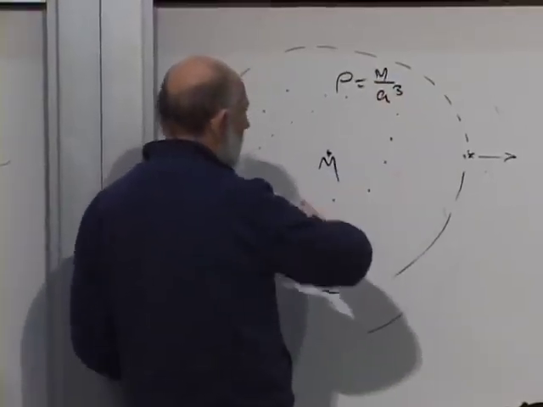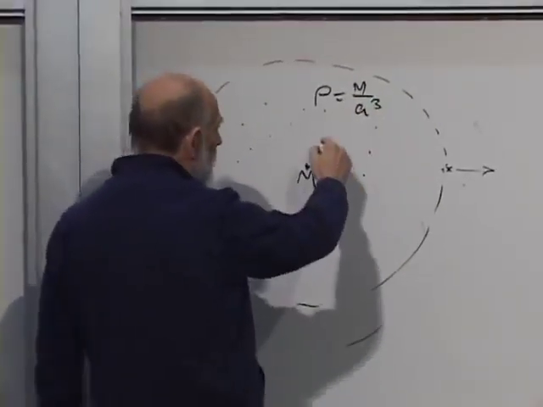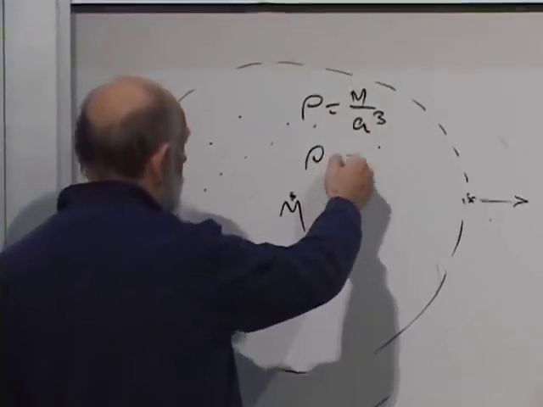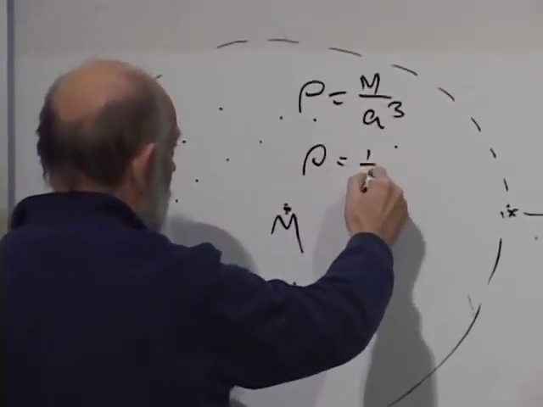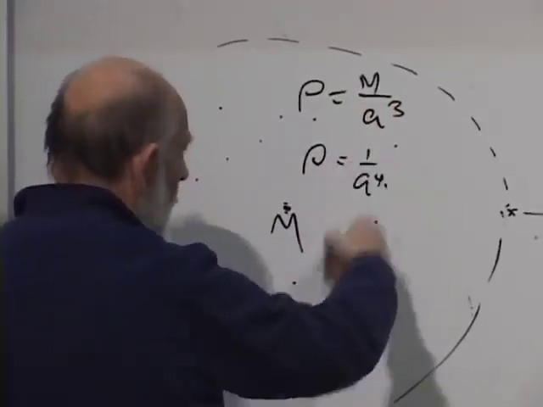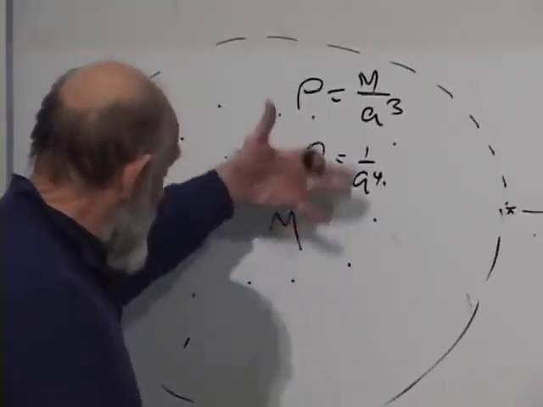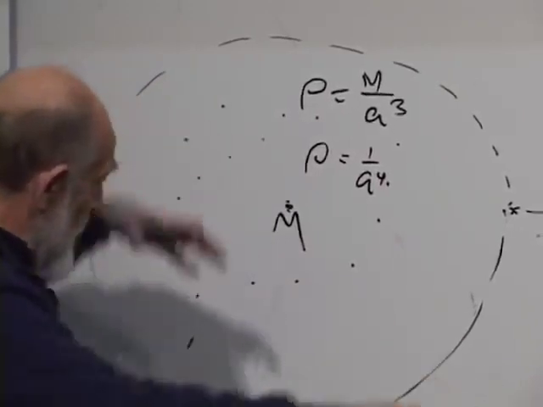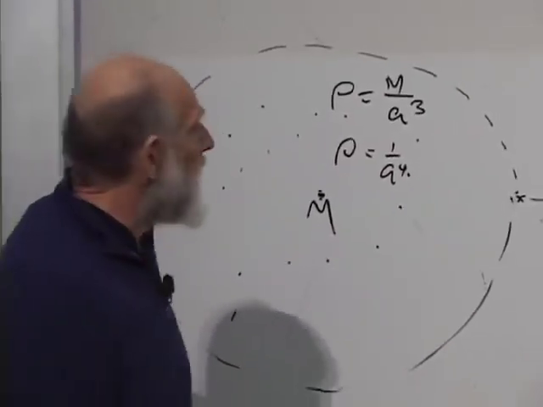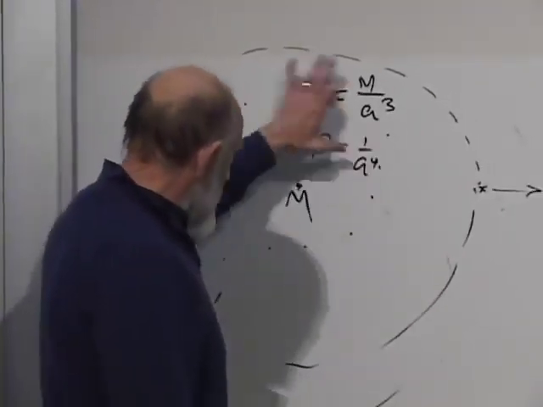There were other possibilities. If it was radiation, then the energy density would go as 1 over a to the 4th. And we also talked about vacuum energy. Vacuum energy was a component of energy which didn't change as the sphere changes. But that was the basic setup.